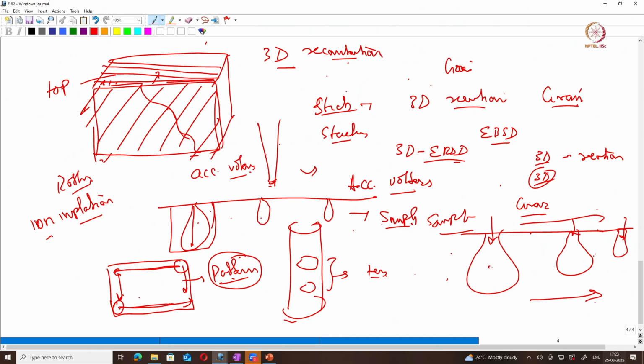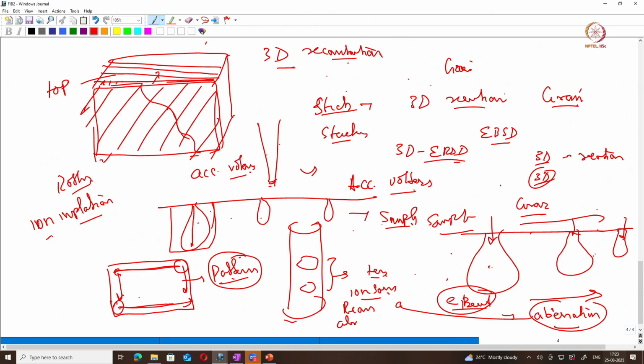Now, as in the electron beam case, the electron beam should be sharp enough, as a point source, correct, in SEM or in TEM, and they also have certain aberrations in an electron microscope. Similar aberrations also exist in the ion source. So your ion beam alignments are very crucial, correct.